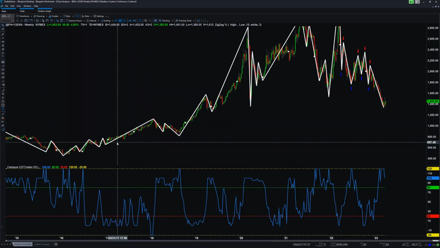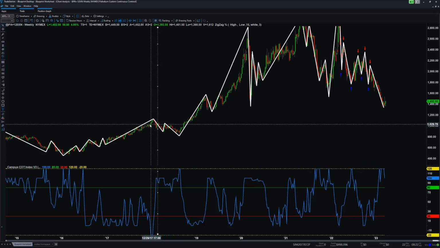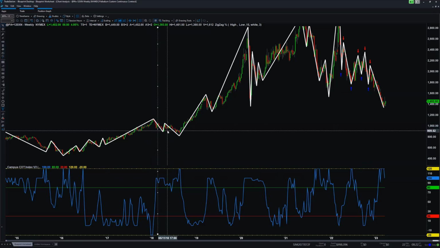At this point, the only thing I need to wait for is if the commercials go above the green, right? So if they go above the green at this point, you're going to be rather bullish. And here we're going to be bullish way too early, right?